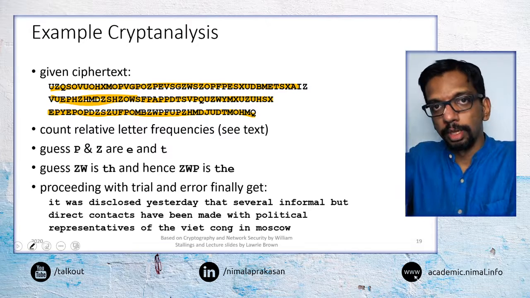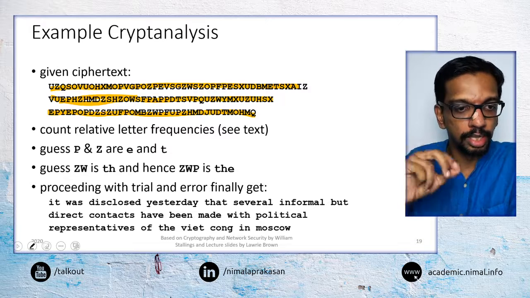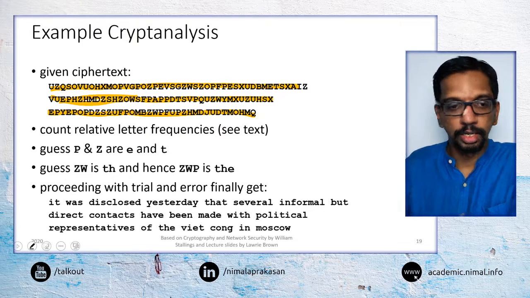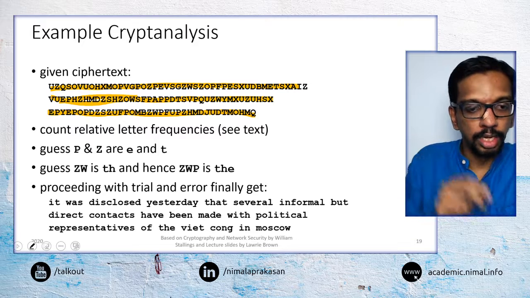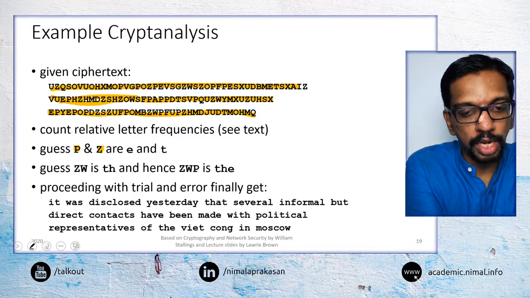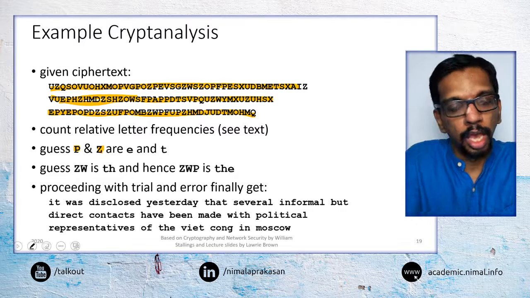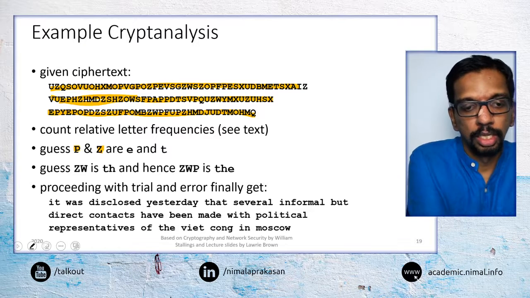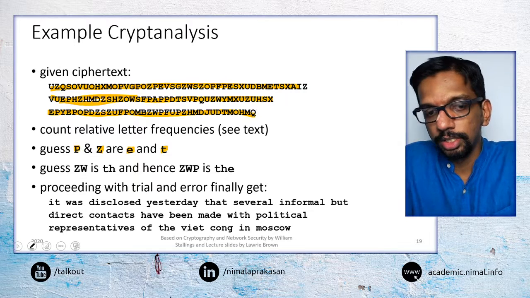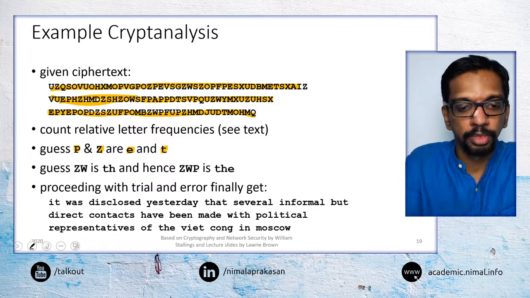We count the frequency of letters and say how many U's are there, how many Z's, how many Q's, S and O. For each letter we can create a frequency. Then we can see P and Z are the most commonly occurring letters here. And with our previous knowledge, we know E and T are the most commonly occurring letters in English. So P and Z could be E and T.